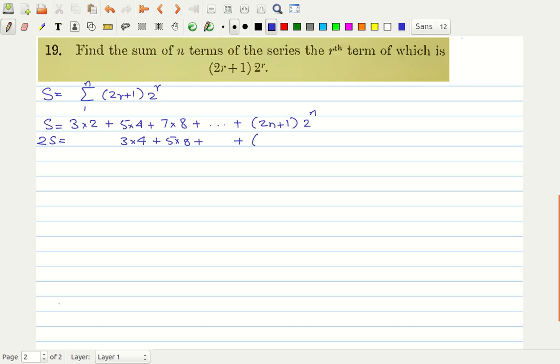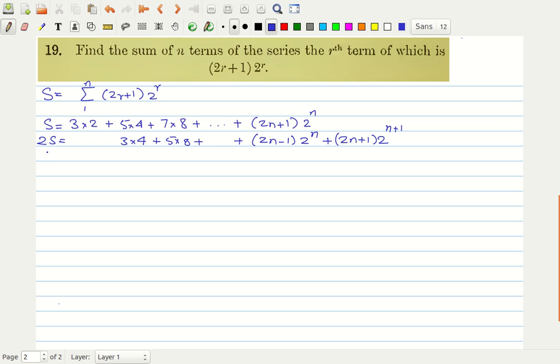So this will be 2n minus 1, and 2 to the power n minus 1, so it will be 2n minus 2 plus 1, so you will get finally 2n minus 1 times 2 to the power n plus 2n plus 1 times 2 to the power n plus 1.